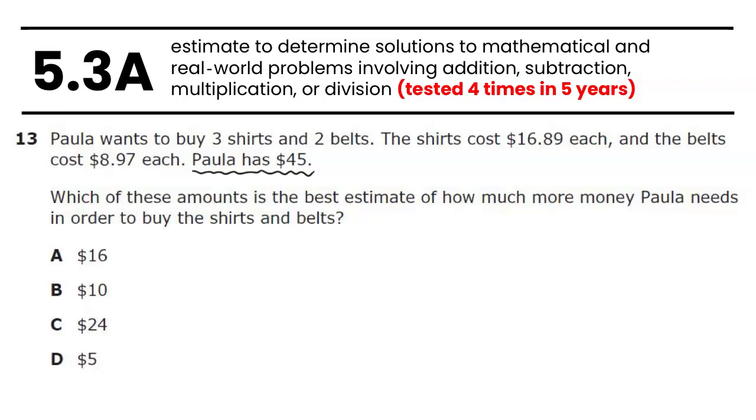This is actually a 3-step problem if you think about it, because we have shirts and belts, the cost, but we know that we're going to have to multiply the cost of the shirts by 3 and the cost of the belts by 2. After we do that multiplication, we will have to add those 2 numbers together and then subtract from 45 in order to get our answer. That is a lot for students to have to process through.